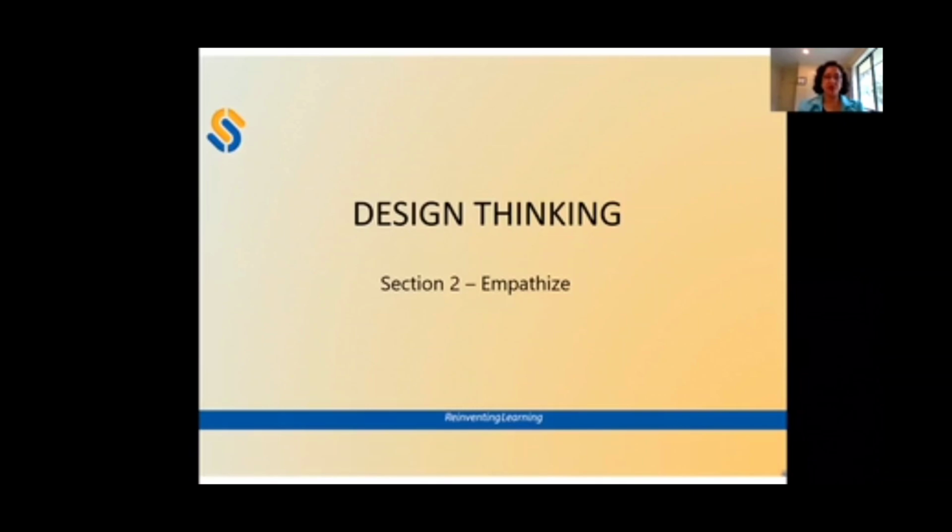It is section 2 because section 1 was the introduction or an overview of the process and the methods in brief. But from now on, we'll go into detail of each of the 5 stages of the design thinking process. So the very first stage is empathize or empathy.